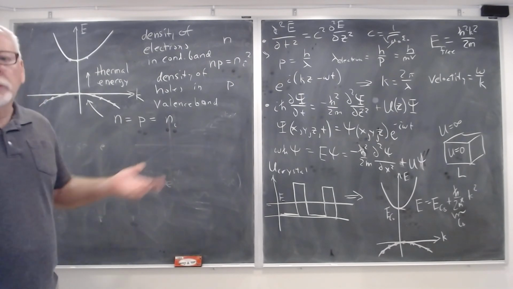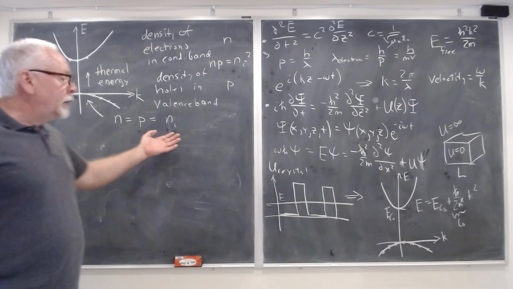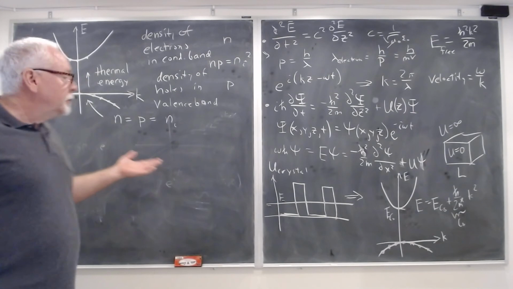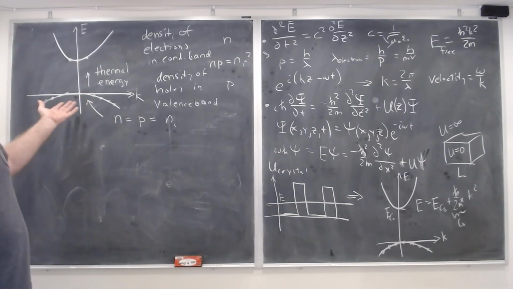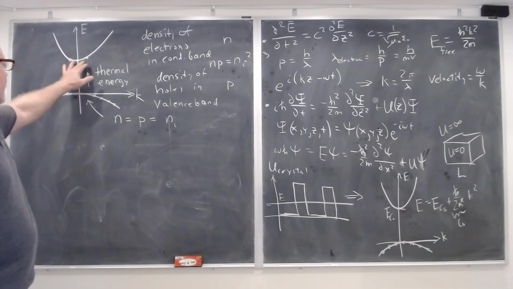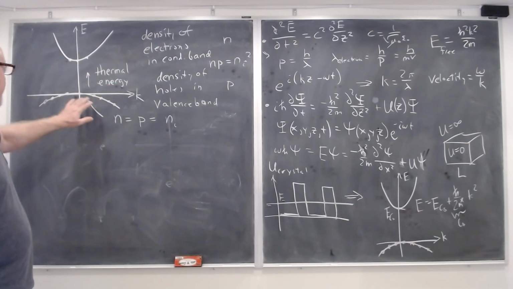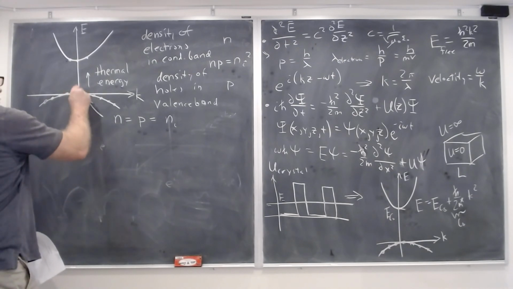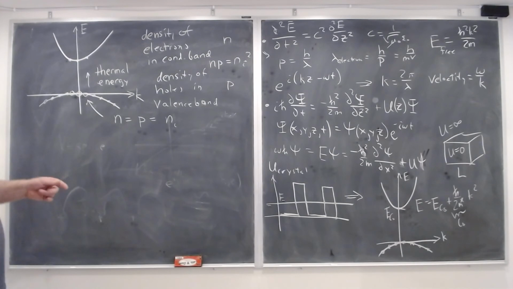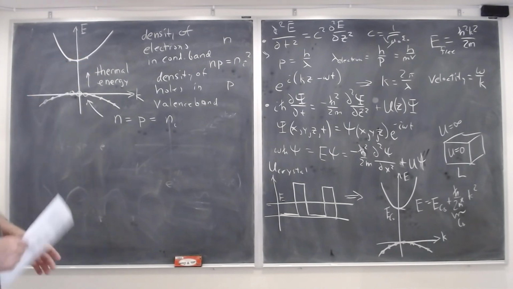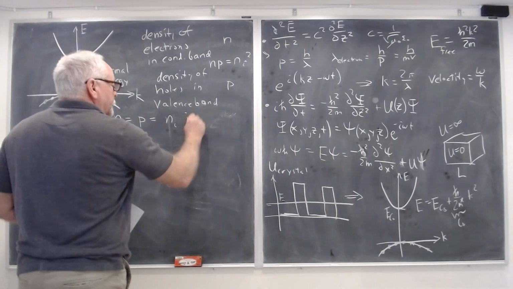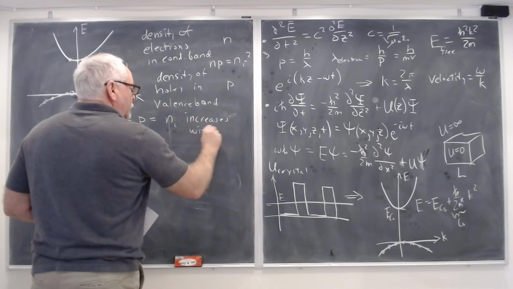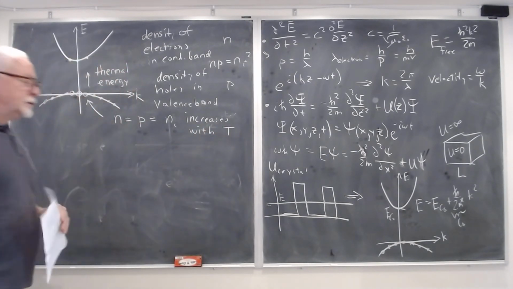But one thing you can kind of see already is that Ni depends on temperature and goes up as you increase the temperature. Because at 0 temperature, Ni is 0. Right, at 0 Kelvin, there would be no thermal energy, and so there would be no holes in the valence band and no electrons in the conduction band. So Ni increases with temperature, where of course T is in Kelvin.